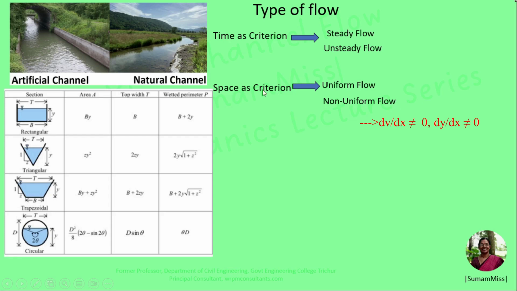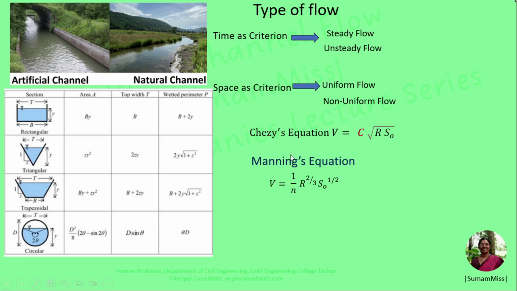So that means in non-uniform flow, flow characteristics, that is the flow velocity and flow depth, are changing along the length of the channel. In the last section, we discussed the uniform flow equations for the computation of velocity, among which one is Chezy's equation, that is V equal to C into root of R S naught, and another is Manning's equation, that is V equal to 1 by N R raised to 2/3 S naught raised to half.